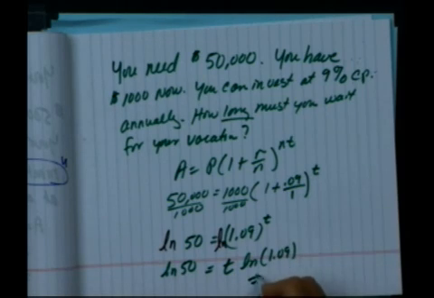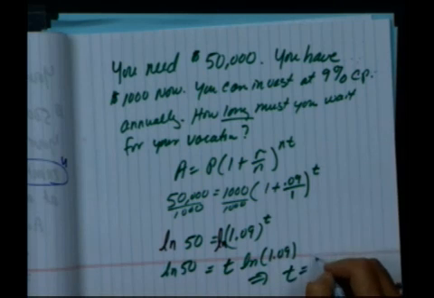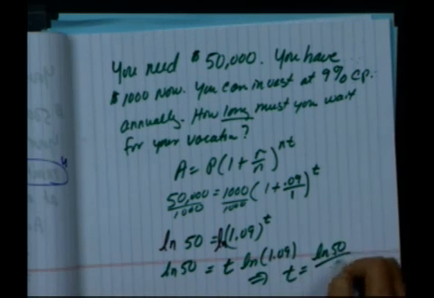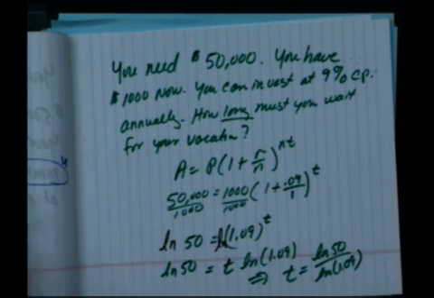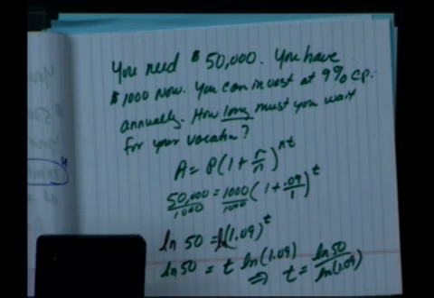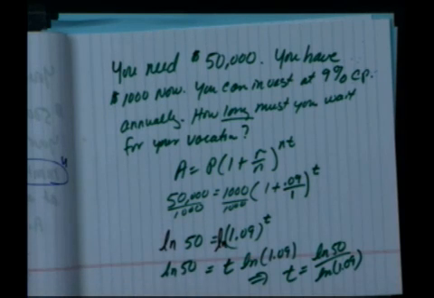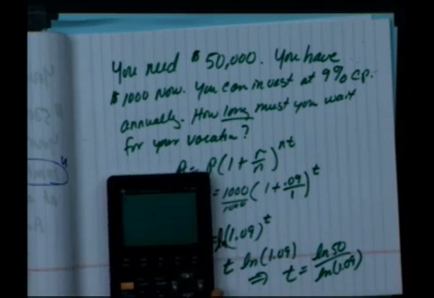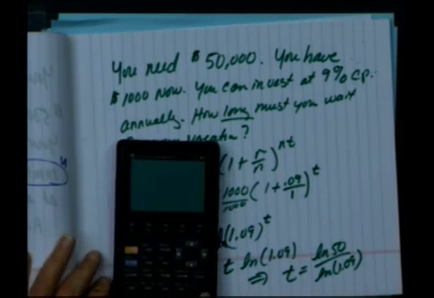So t is equal to natural log of 50 divided by natural log of 1.09. Let's punch away on our calculator and see how long it's going to be before you can take your vacation.